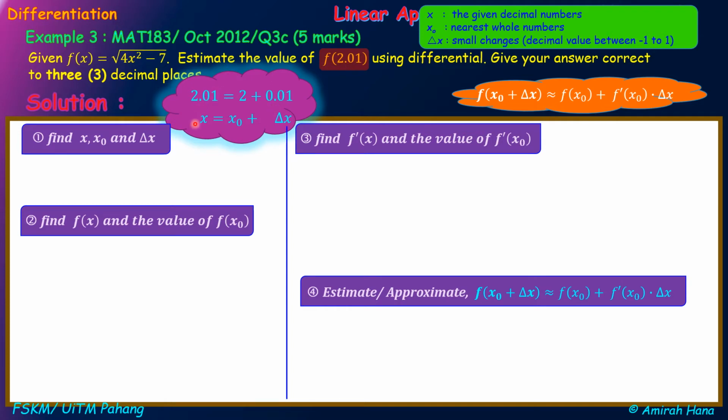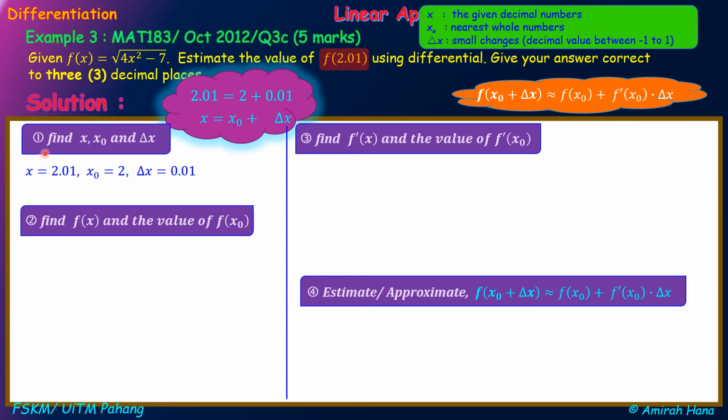From here, we can find the value of x naught, and then we need to find delta x. And then f(x naught): in step 2, we need to find f(x naught), and in step 3, we need to find f prime(x naught).